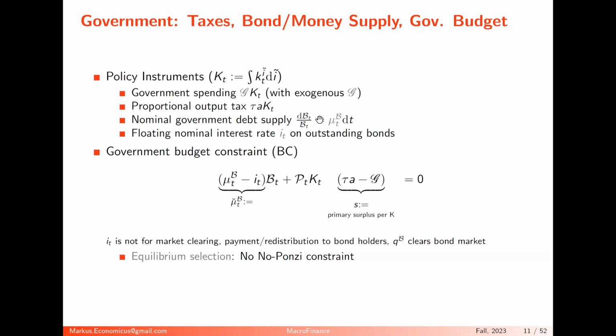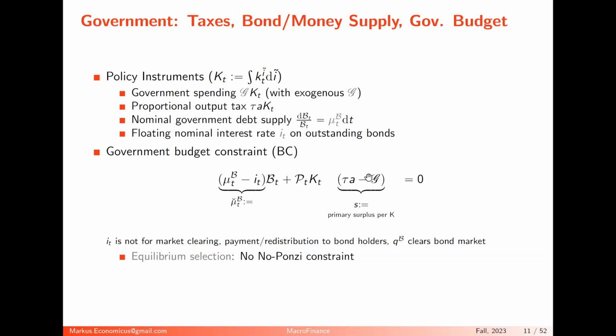And the government is issuing bonds. The change in the government bond is drifting with a certain mu B. That's the growth rate of the bonds. And the government is also paying interest on the existing bonds, at an interest rate i. These are nominal bonds. So if I look at the government budget constraint, tau times A times K would be the real tax revenue.